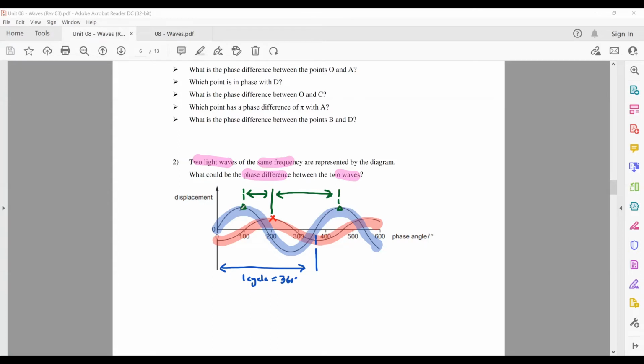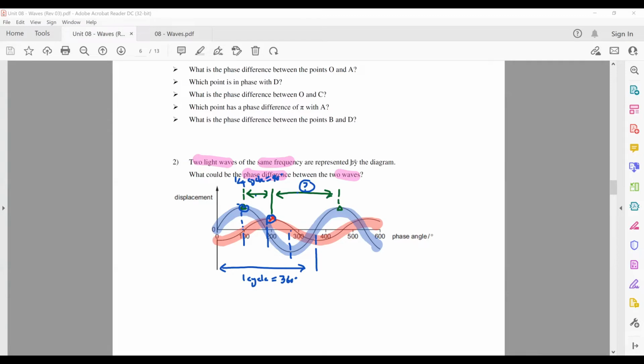This wave can be divided again into 4 equal parts. So when you look at this point and this point, it's correct to say it's a quarter of a cycle, which corresponds to 90 degrees. Now, since I know the phase difference between these two is 90 degrees, how will I find out the phase difference for this part?